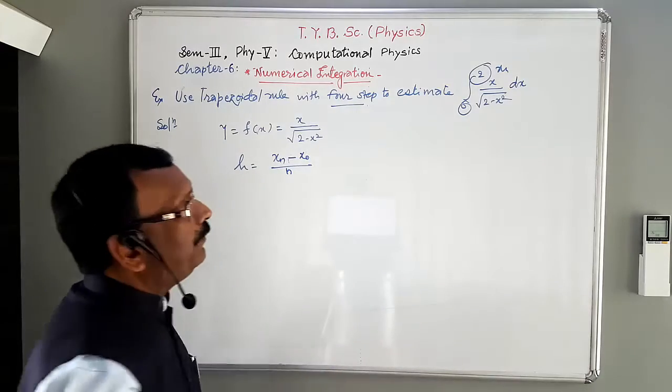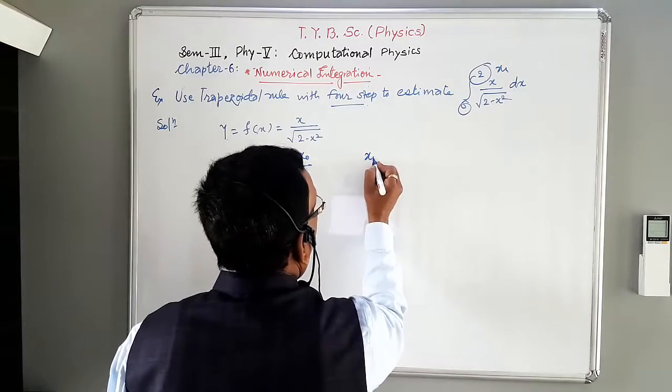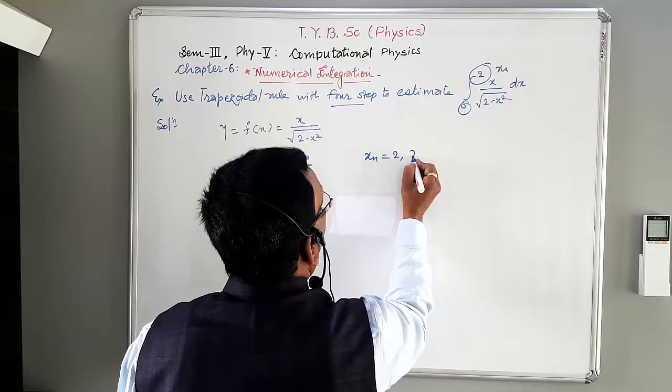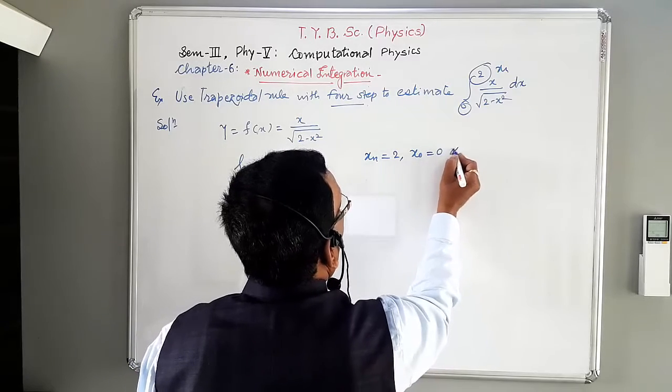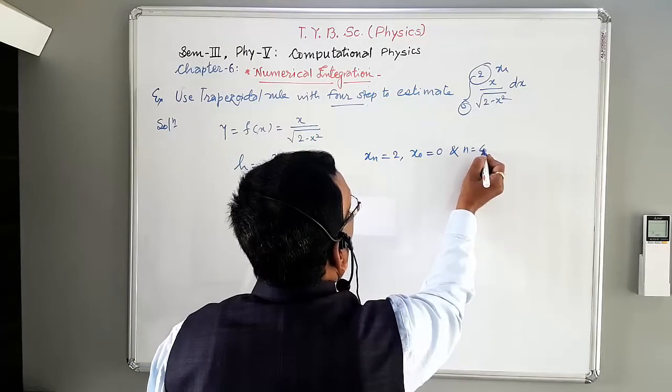Here in this problem there are 4 steps. Therefore, here xn is equal to 2, x0 is equal to 0, and n is equal to 4 steps.